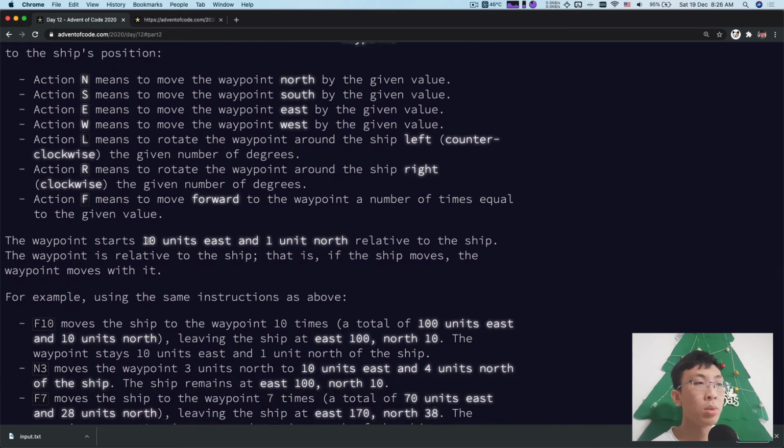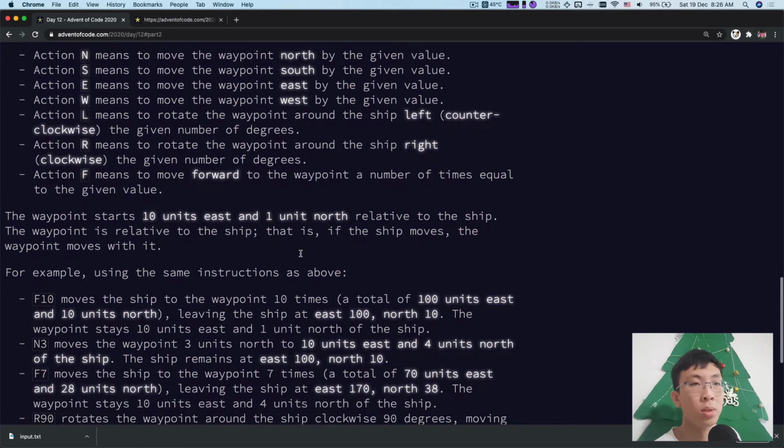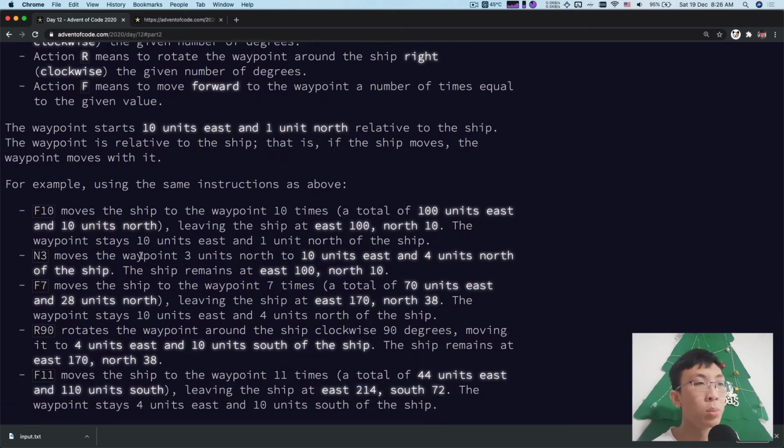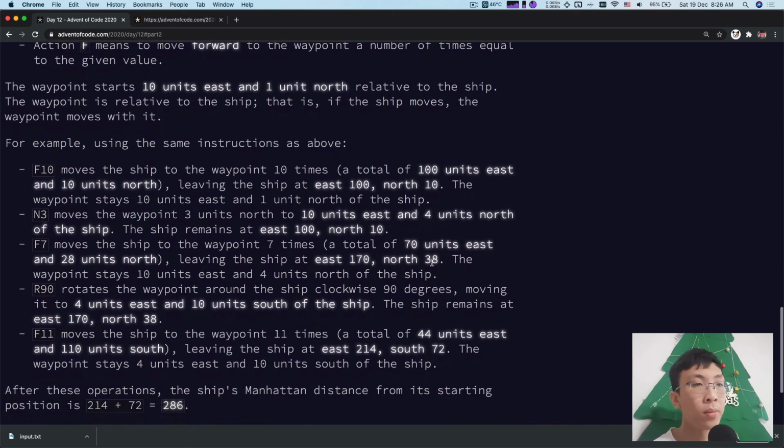Right, so the waypoint starts with 10 and 1: 10 to east, 1 to north. So if the ship moves, it moves a number of times the waypoint. So forward 10 is to move 10 times the waypoint, which is 10 of 10, which is 100, and 10 of 1, which is 10 units north. Right, north 3 moves the waypoint 3, so now your waypoint is 10 and 4.